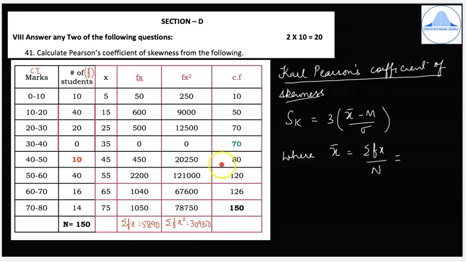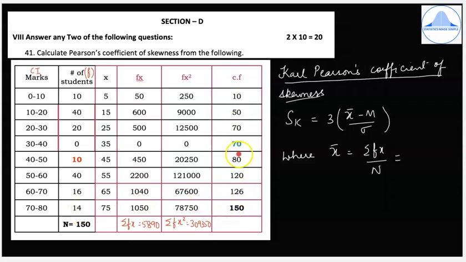We will also be requiring the cumulative frequencies to calculate the median. So write the first frequency 10 as it is, then 10 plus 40 is 50, 50 plus 20 is 70, 70 plus 0 is 70, 70 plus 10 is 80, 80 plus 40 is 120, 120 plus 16 is 126, and 126 plus 14 is 150.